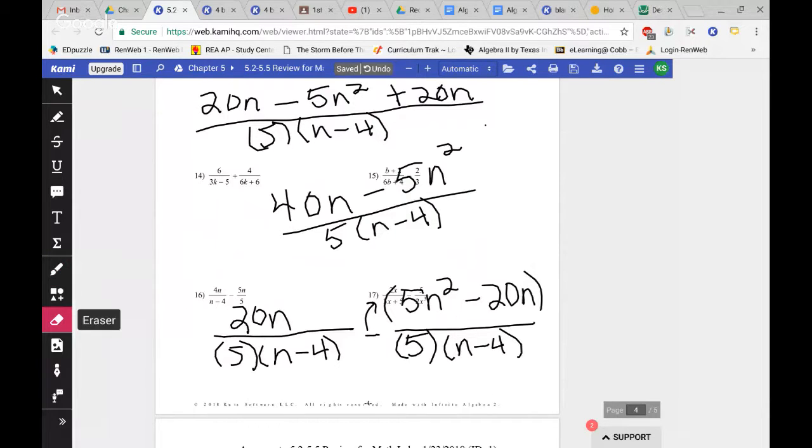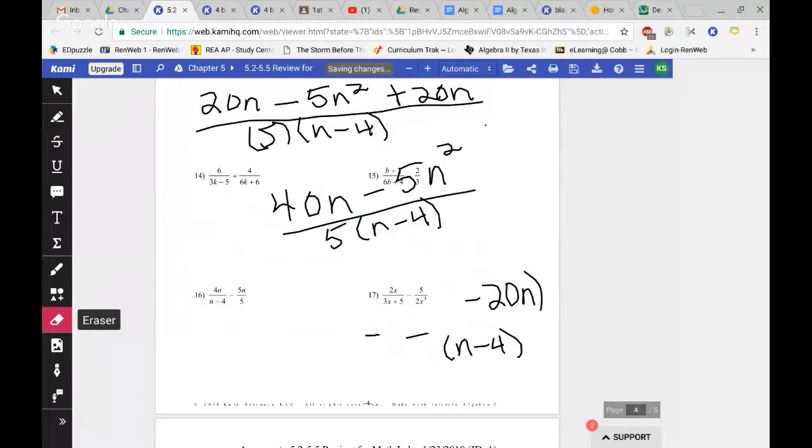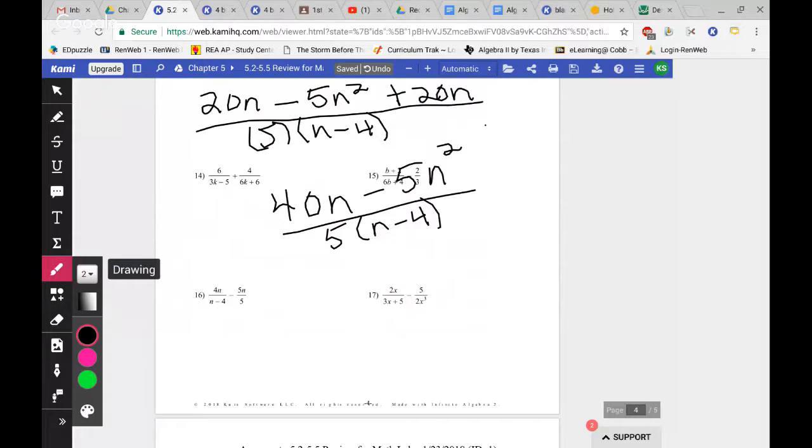And it looks like to me we can factor some things out. I'm hoping everybody's seeing that with me. Is everybody following along? So it looks like we can take a 5n out, and that's going to leave us with 8 minus n.